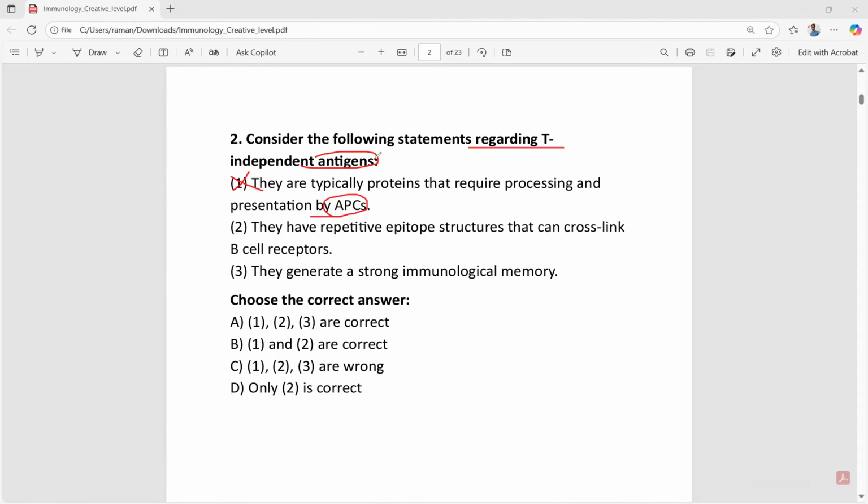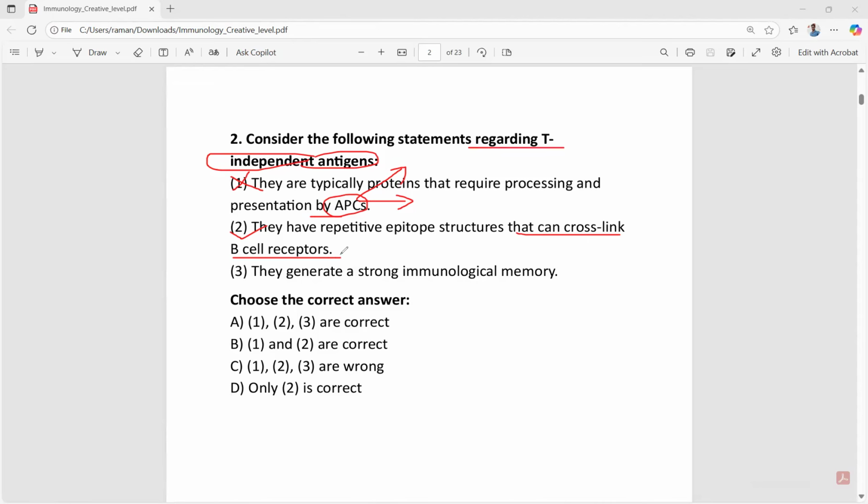APCs are antigen presenting cells like dendritic cells, B cells, and macrophages. They present intracellular antigens, for example in a viral infection, they present the antigen to the T cells. T independent antigens have a repetitive epitope structure that can cross-link the B cell receptor, BCR.